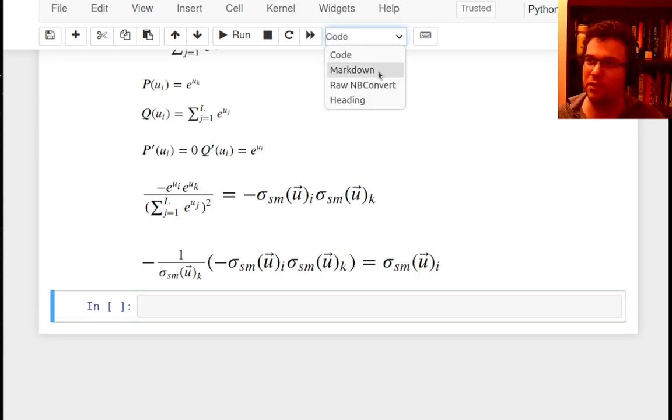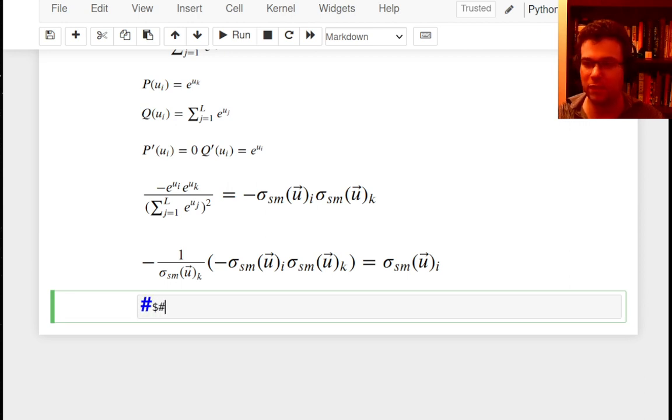And so what this tells us for the update rule is that ui, when i is not equal to k, should be updated as ui plus, or I guess I should say minus alpha times the softmax of u evaluated at i.